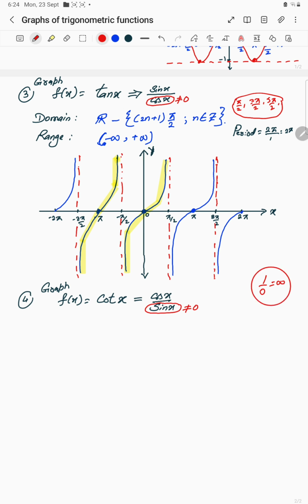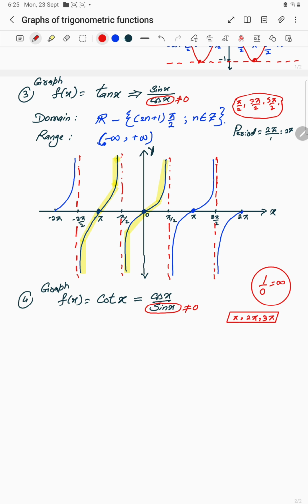So sine is 0 at all integral multiples of pi, that is pi is 0 and 2 pi is 0, 3 pi is 0, and same with the negative side. So at these values the function will be undefined.